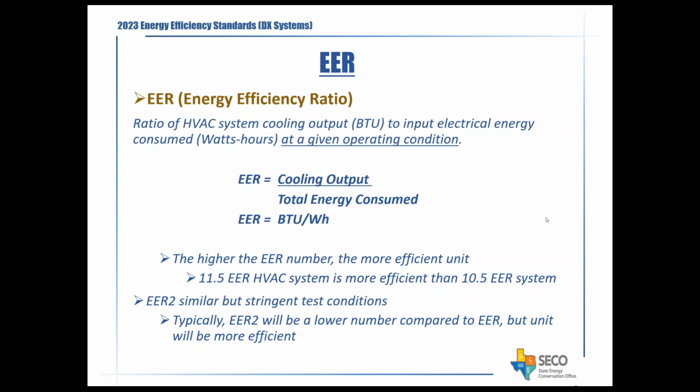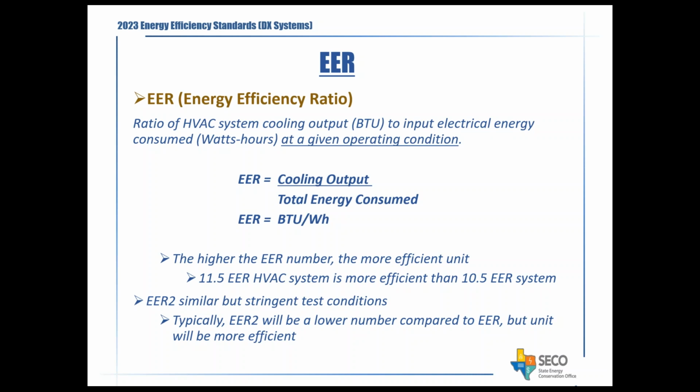EER, energy efficiency ratio, is the ratio of HVAC system cooling output to input electrical energy consumed, in watt hours again, at given operating conditions. So SEER was primarily during the cooling season, and this is throughout the year at given operating conditions.